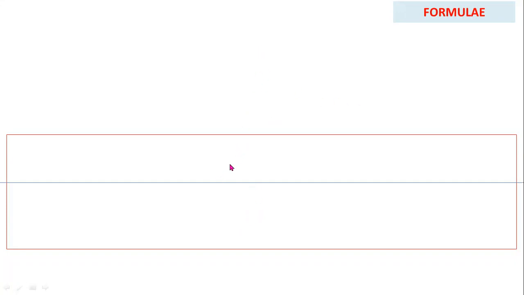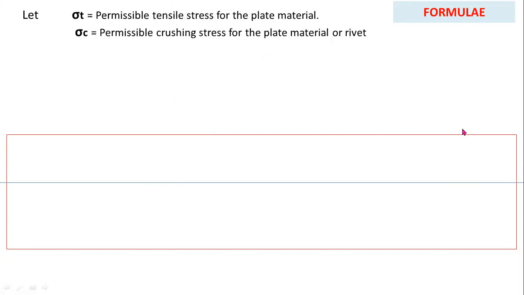Here, these are the important formulas used in longitudinal riveted joints. Here, sigma T is the permissible tensile stress induced in the plate material. Sigma C is the permissible crushing stress for a plate material or rivet.